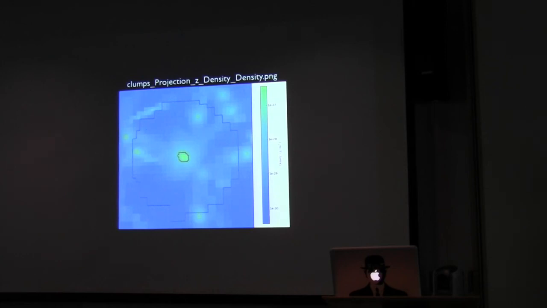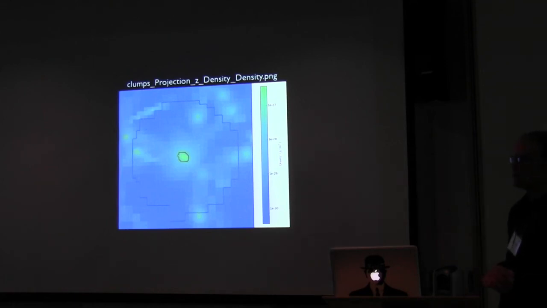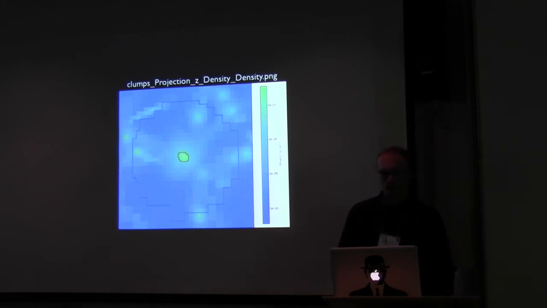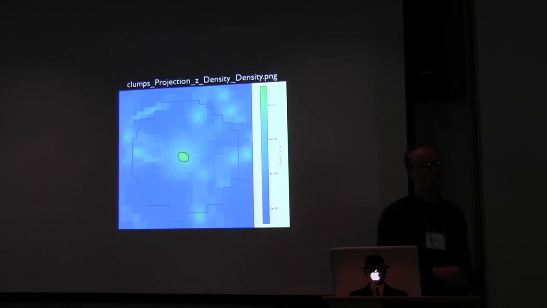The largest line is actually the initial clump I found, the initial sphere. And of course, because of AMR, it's not an actual sphere because of the cell sizes. But then it found a clump inside the big clump. As you can see, it's around the center of this halo. So that can be very useful to see where your clumps are.